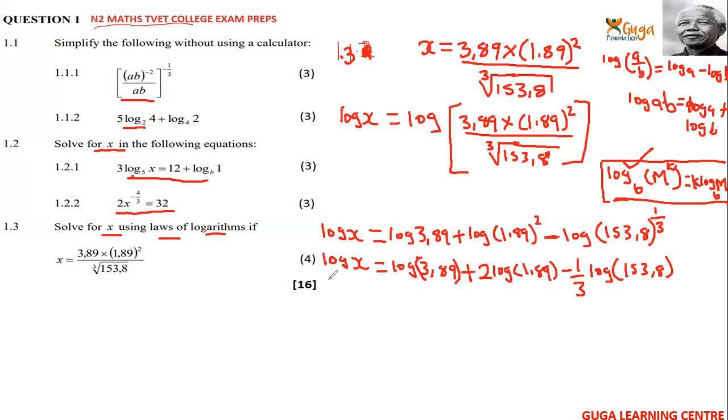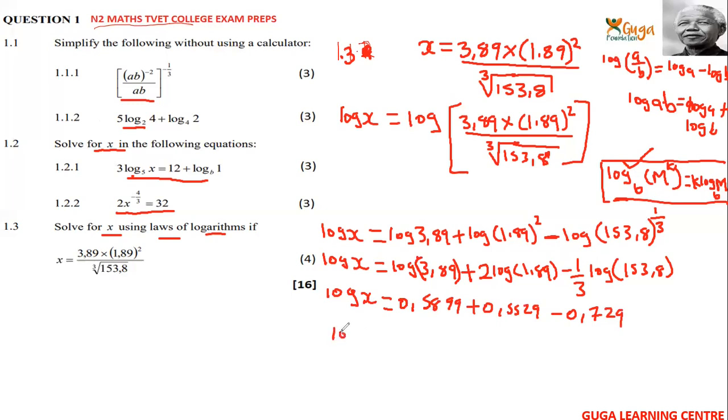So now you come here, you say you've got log of x is equal to, you can use a calculator here. They didn't tell us not to use a calculator. So log of 3,89 should give you 0.5899 plus this should give you 0.5529 minus, and this will give you 0.729, yes.